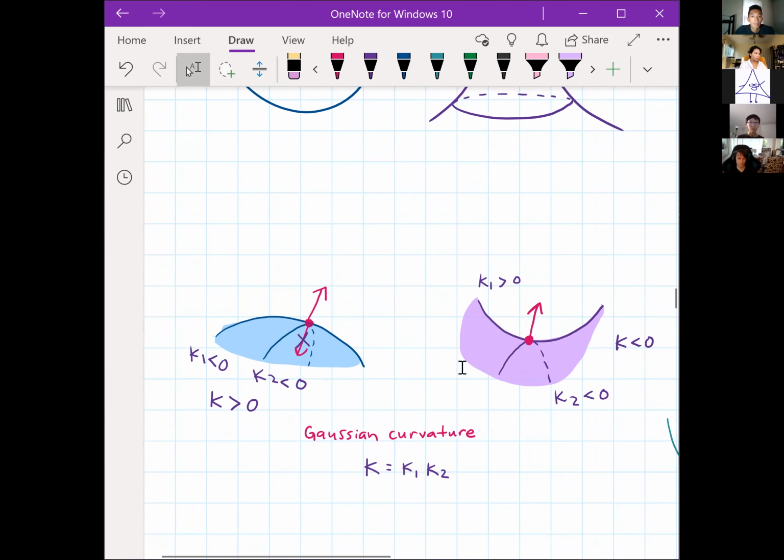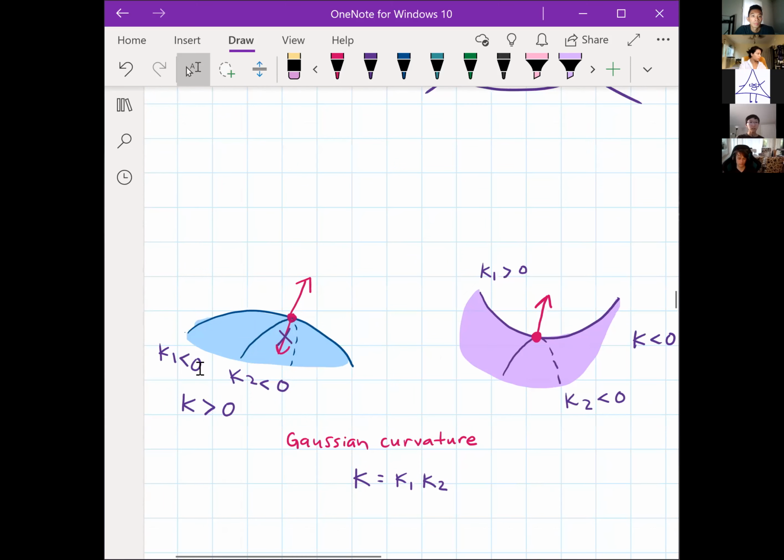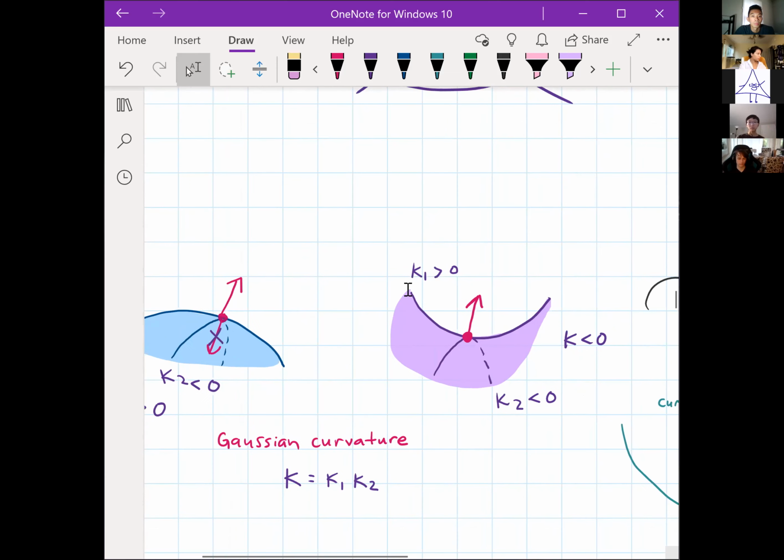These positively curved spaces are things that look locally like little bowls. And the negatively curved cases, I guess we call them the hyperbolic cases, look more like Pringles. The two curves are going in opposite directions.